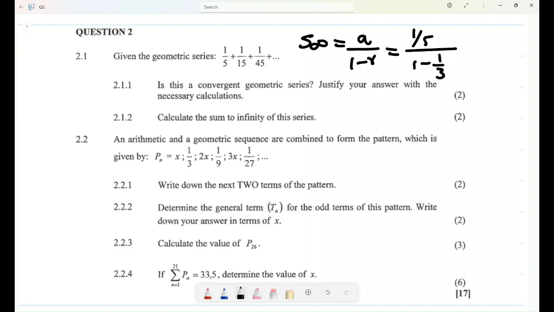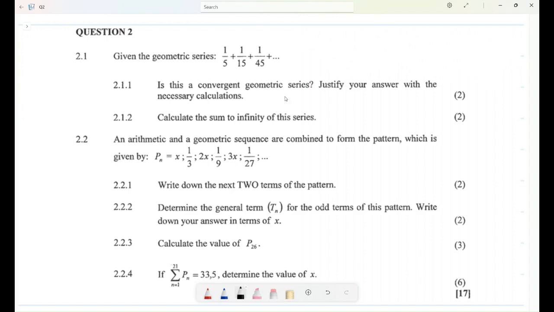This needs a calculator, so I'm going to say 0.2 divided by 1 minus 1/3. I hope I did not make any mistake. So the sum to infinity we get 3/10, or 0.3. This is the sum to infinity.